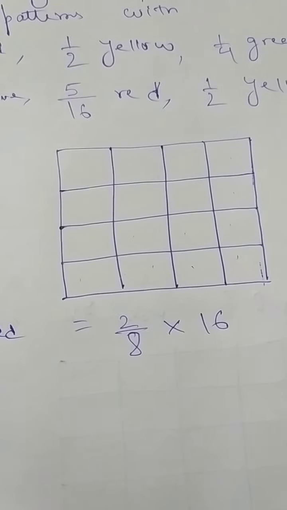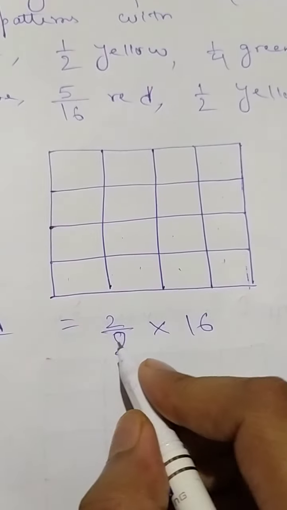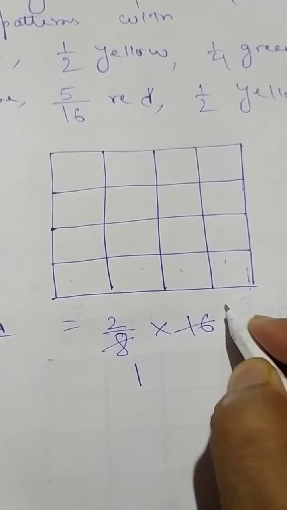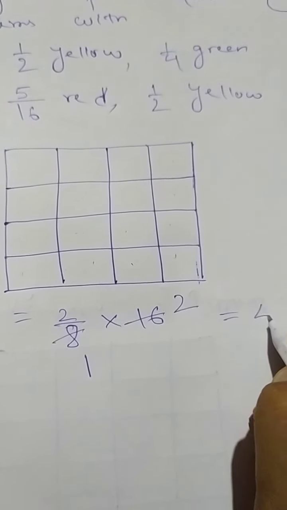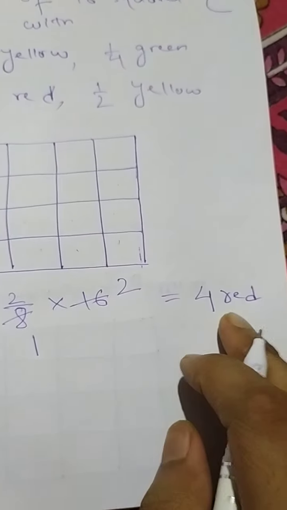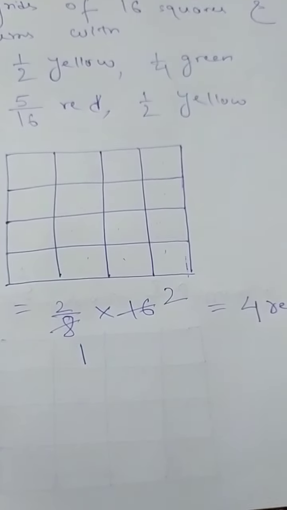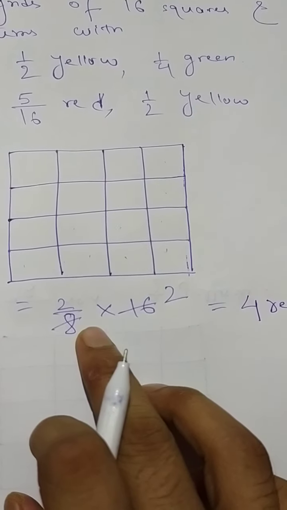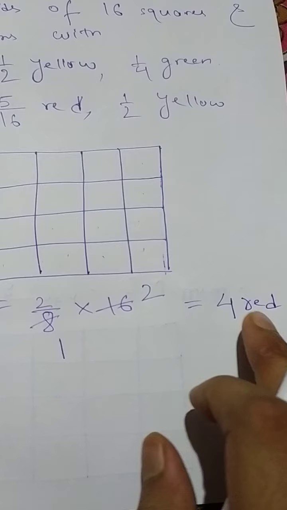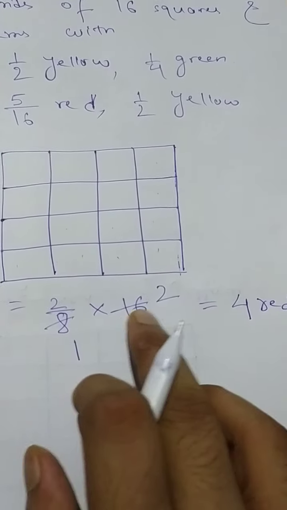Okay. So if you cancel, 8 ones are 8 and 8 twos are 16. So 2 twos are 4. So 2 by 8 red means 4 squares you have to color red, because 2 by 8 into 16 means 4.